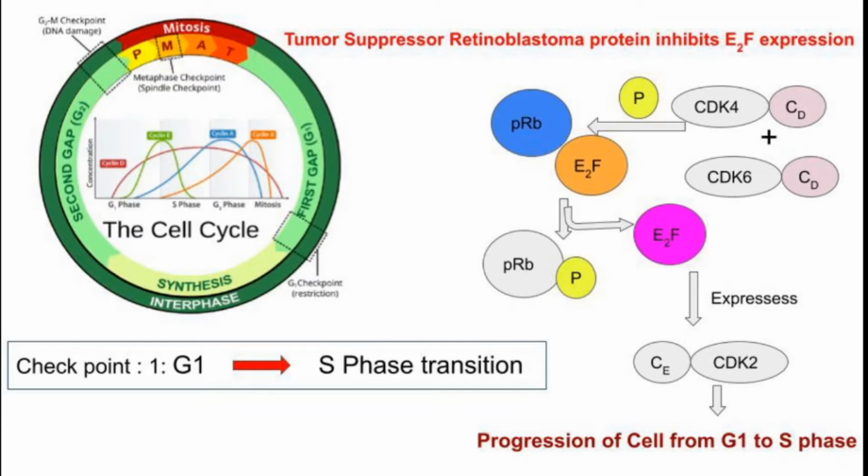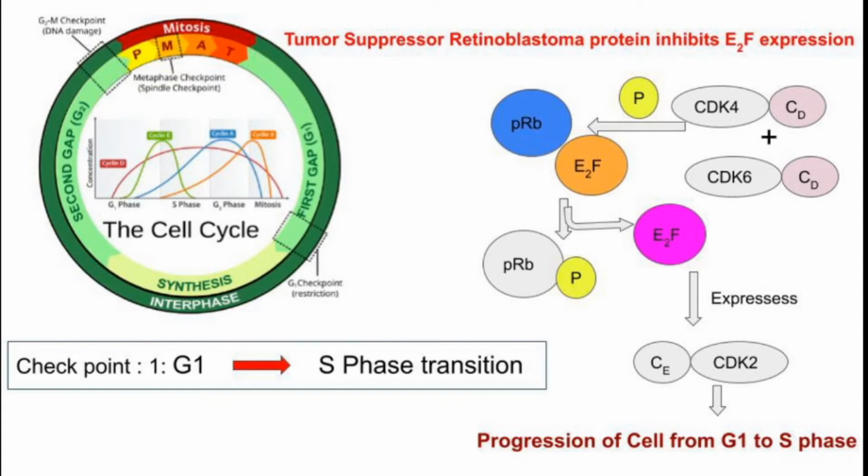What are these conditions? Here the cell's cytoplasmic content increases, the cell's protoplasm increases, cell organelles are produced, and the enzymes which are necessary for DNA replication are produced.